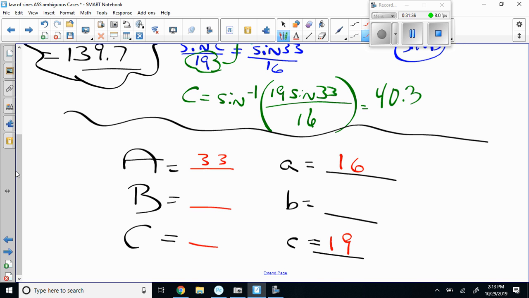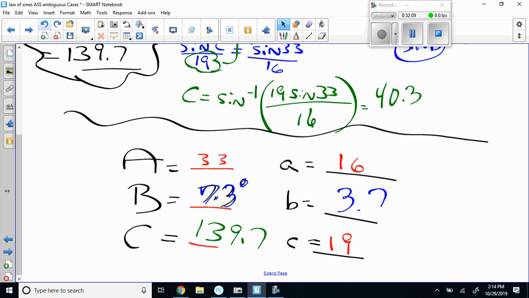And we found it to be 139.7, correct? Let's do it. 139.7, yes? And then when you do your 180 minus those, that gives you 7.3 degrees. I need blue. 7.3 degrees. And then when you solve for B, you get 3.7.